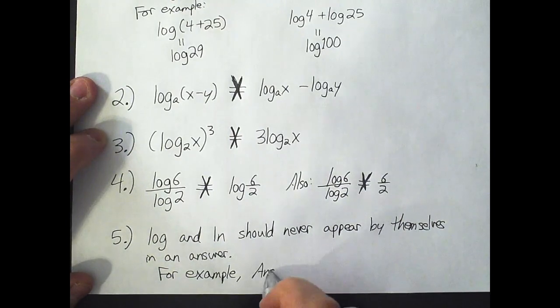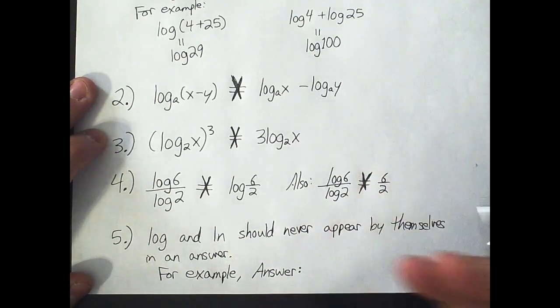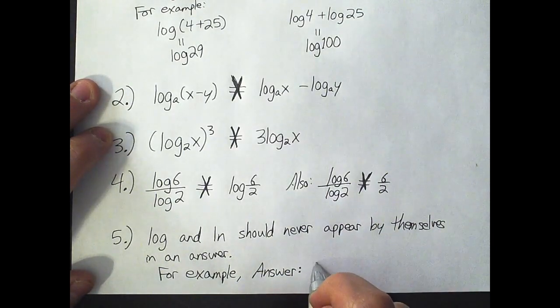It gives me a weird feeling to write things that are bad notation or just wrong. But I think it's good to know what things to watch out for. Let's say you were working on a problem and you got an answer and you said, my answer is 5 plus ln.